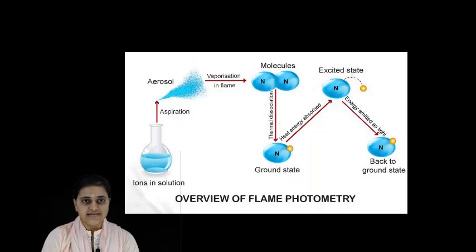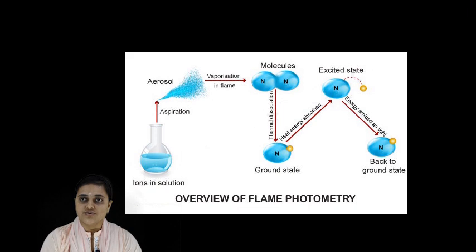Let us understand this principle in somewhat more detail so that you can understand it better. All of you know alkali and alkaline earth metals, or group 2 elements. When these elements are introduced into the flame, they dissociate into different atoms. The flame acts as an energy source.